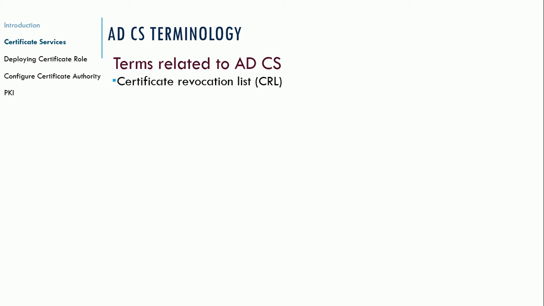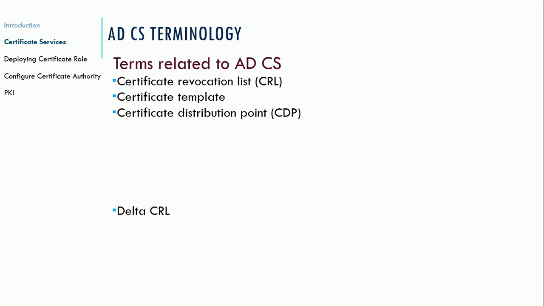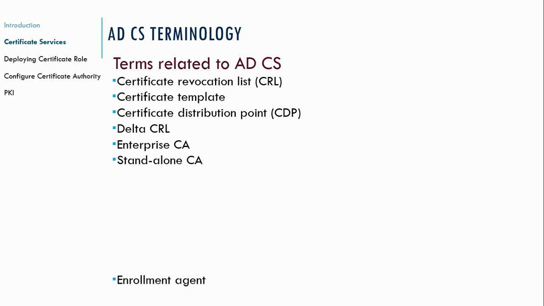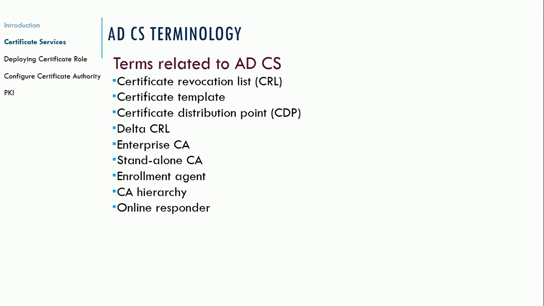Some of the terms that are related to PKI and to Active Directory certificate services are: certificate revocation list, or CRL, certificate template, certificate distribution point, or CDP, Delta CRL, enterprise certificate authority, standalone certificate authority, enrollment agent, and also CA hierarchy and online responder.